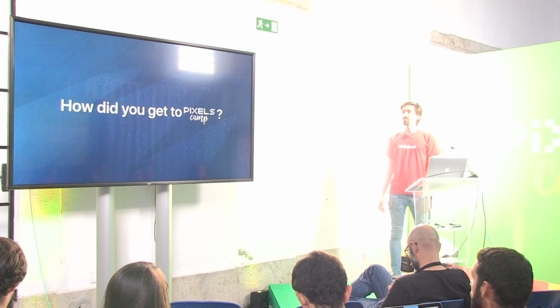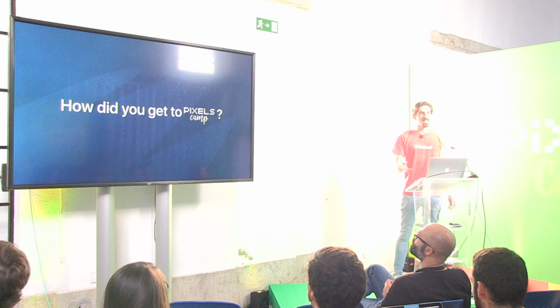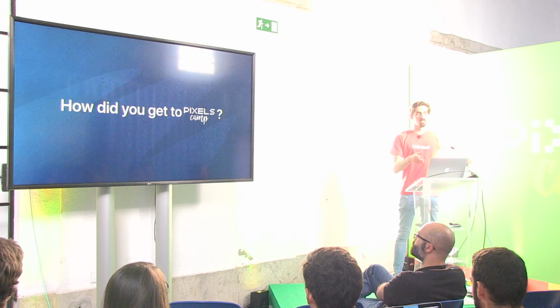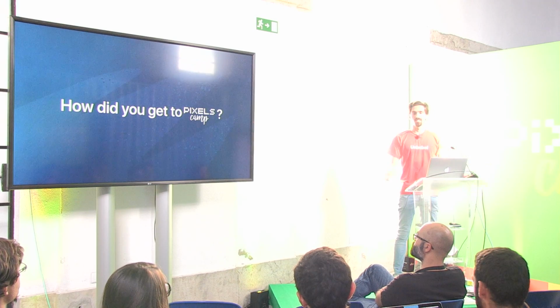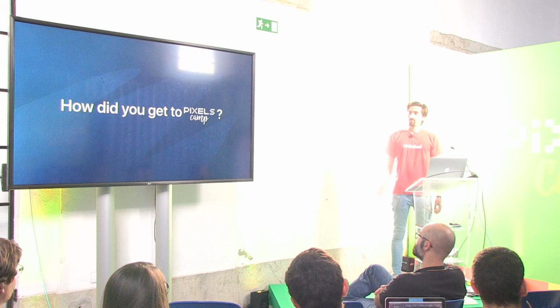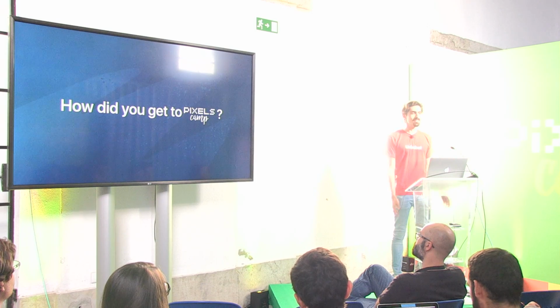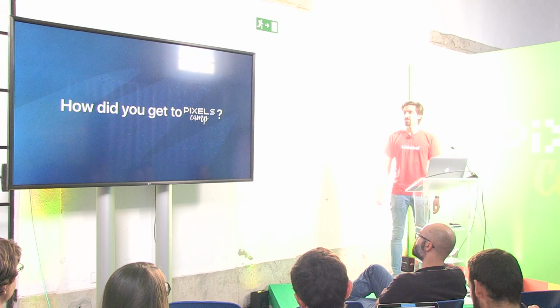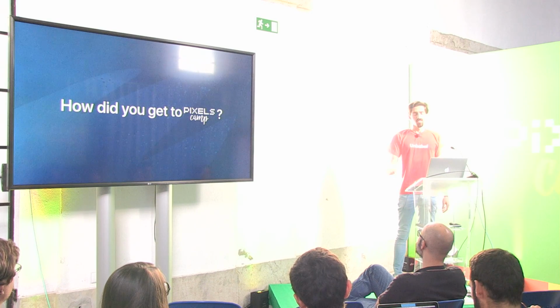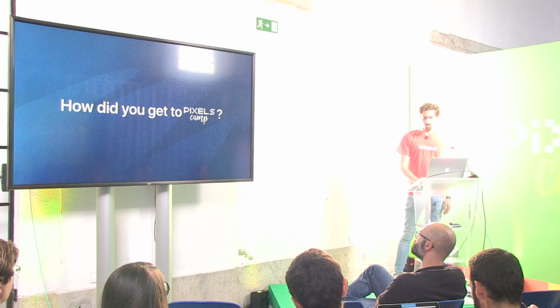So before we head first into theory, how did you get to PixelScam today? Bus, train, Uber. Okay, so we were at Embabel's office and we had to carry the VR and all that stuff, and we were like, how are we going to get there? And we decided to come by taxi. The taxi arrived and we had two options to tell the driver where we wanted to go.